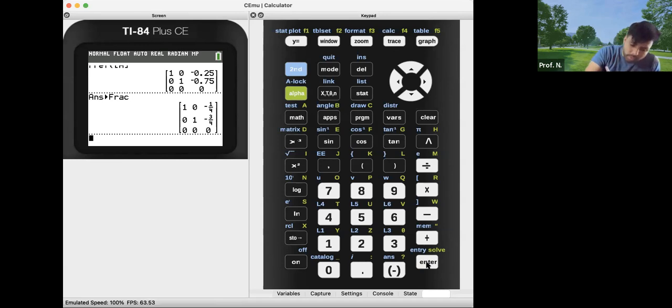So then the row reduced echelon form is 1, 0, -1/4, 0, 1, -3/4, 0, 0, 0.